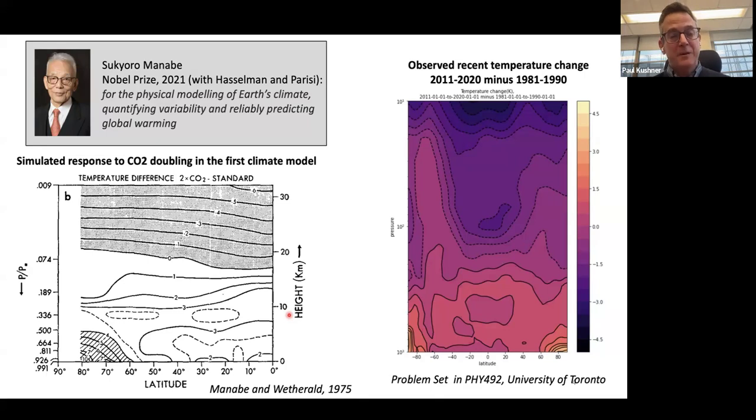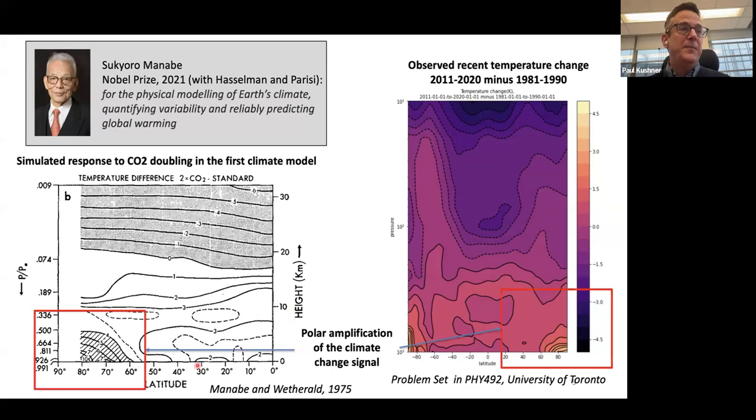Lots of processes were missing, but it really attempted to realistically capture the atmosphere's interaction with the land and to some extent the ocean surface. Looking at the response to the doubling of carbon dioxide 50 years ago, showing that the poles, on the left here, get a considerable amount of warming and general warming throughout the troposphere, and then this signature of stratospheric cooling.